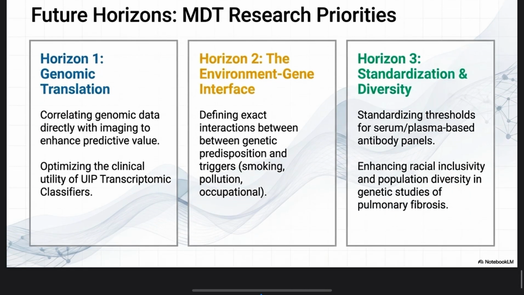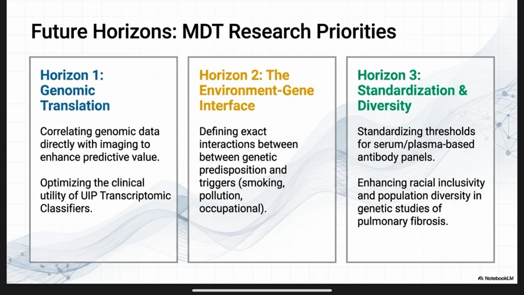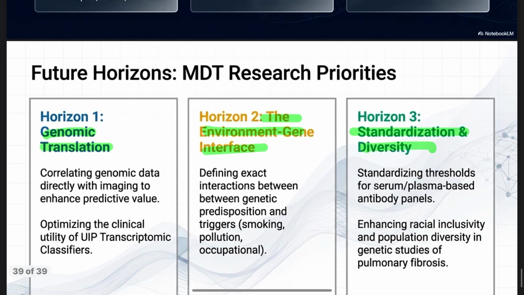In future, genomic translation should be done, the environmental gene interface, defining the interaction between genetic predisposition and triggers, and standardization and diversity are the next horizons which have to be dealt with.